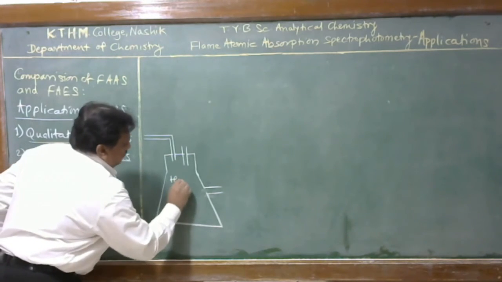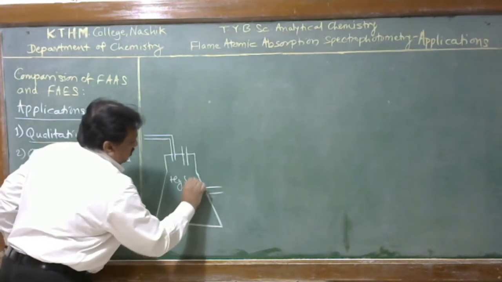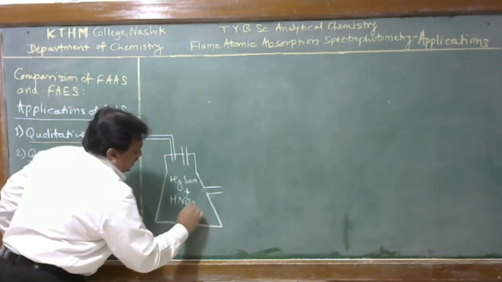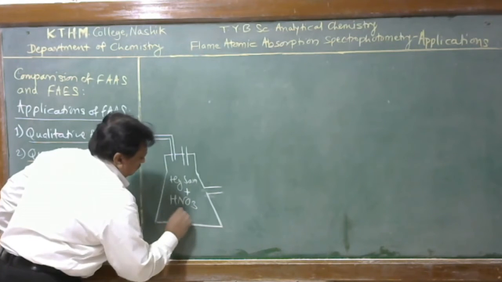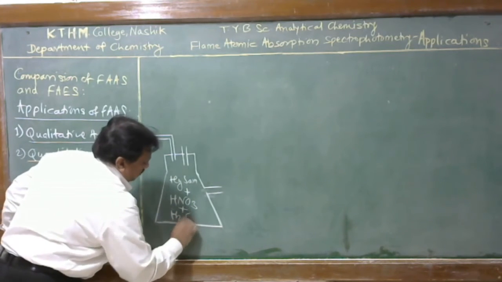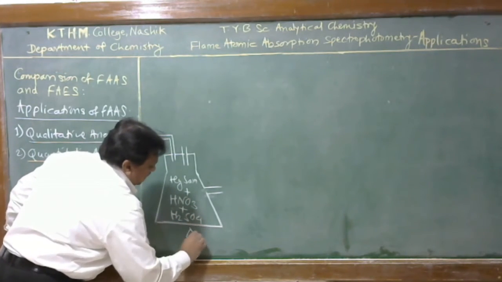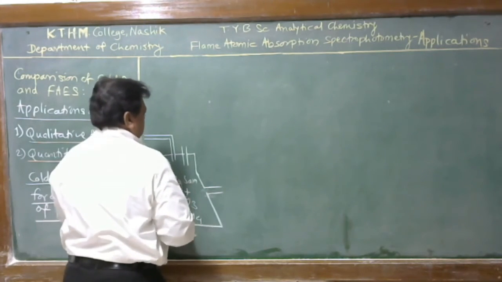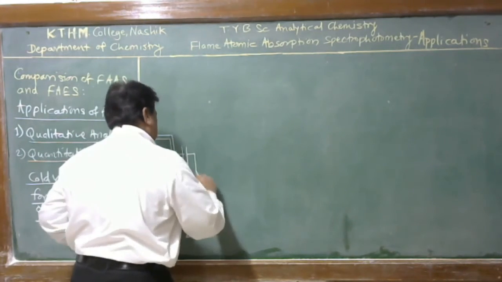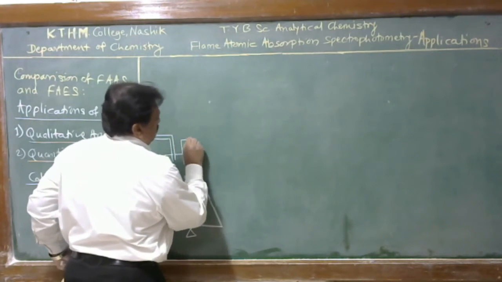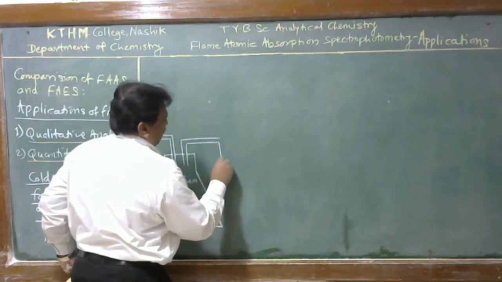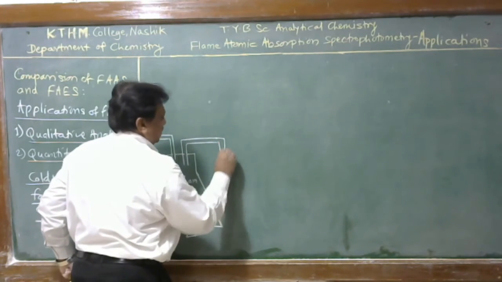Here Hg sample plus HNO3 plus H2SO4. This mixture is digested and vapors of this mixture are then passed through another container.